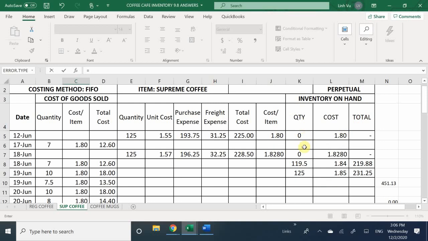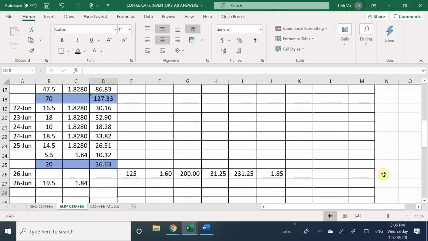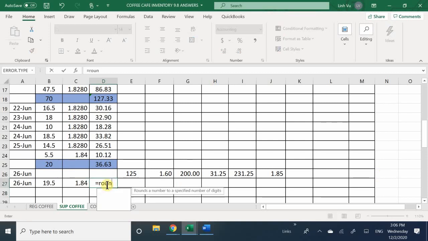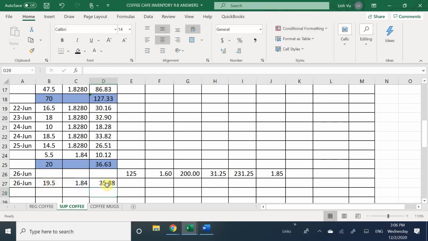So we're going to use the 19.5 pounds at $1.84 a pound. So it's going to be equals this. Let me see if there's a rounding in here. Equal round. Okay, what did you come up with? I got 35.88. That's what I got.